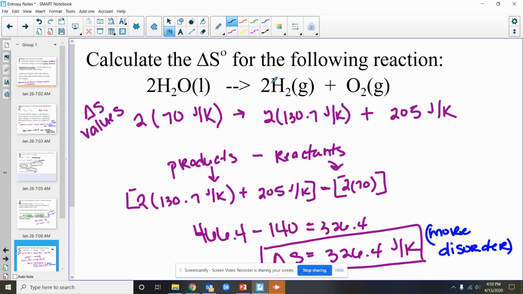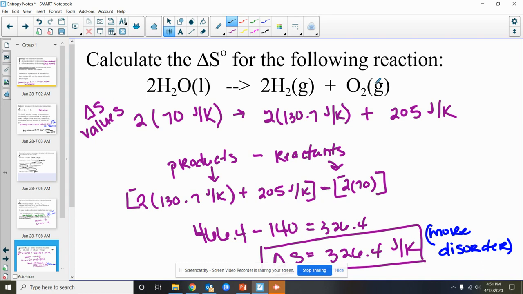Notice this is a little bit different than enthalpy, because in enthalpy, if elements were in their naturally occurring form, those values were 0. So in enthalpy, when we looked at that video, hydrogen and oxygen would have a value of 0. However, unlike enthalpy, entropy is a measure of disorder, and everything has some level of disorder. Some higher than others and some lower, but everything has some disorder.